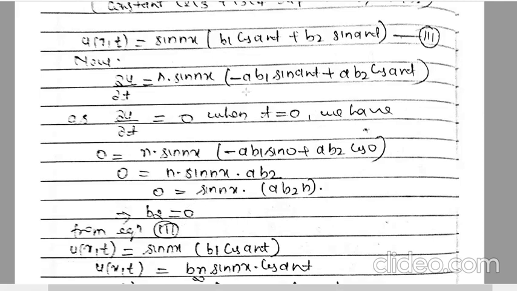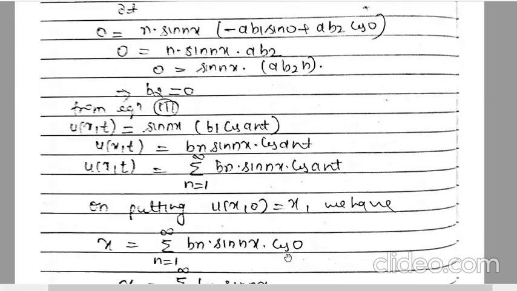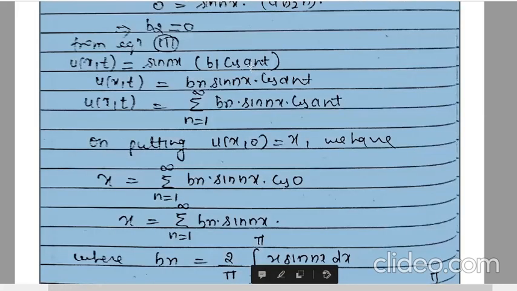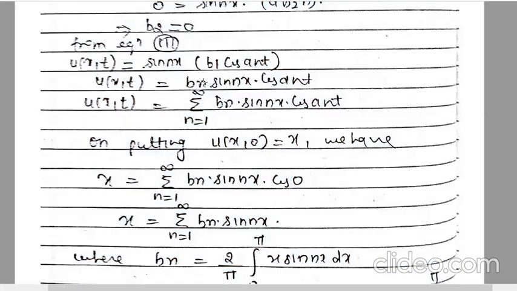Now from the equation third, put b2 is equal to 0 here. So we are getting u(x,t) = sin nx b1 cos ant. Right? Now n is an integer, so it will be u(x,t) = bn sin nx cos ant. Right?